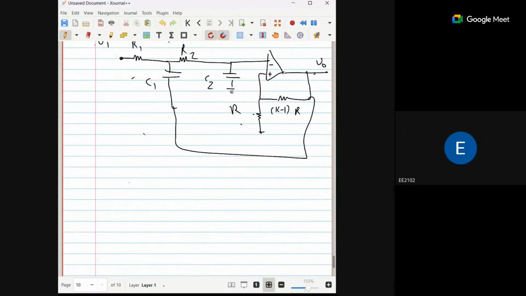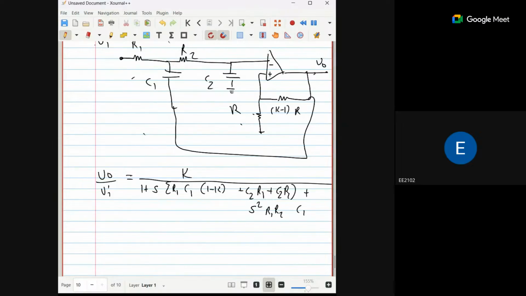So for that equation, can you tell the transfer function? K upon 1 plus S into R1 C1 (1 minus K) plus C2 R1 C2 R2 plus S square R1 R2 C1 C2.